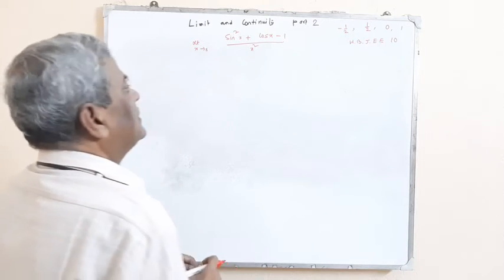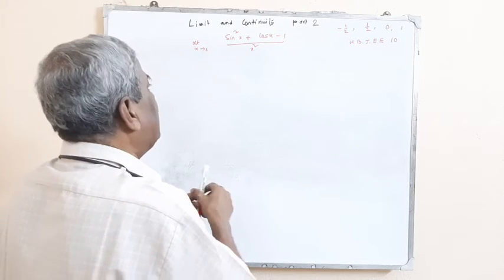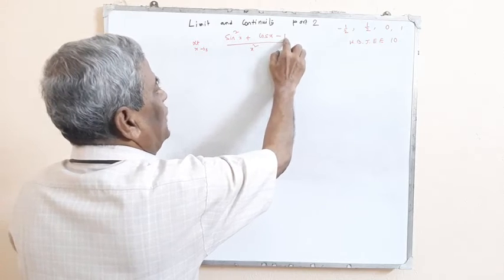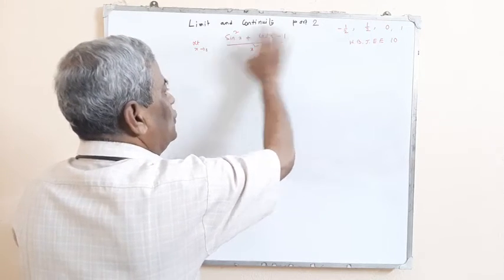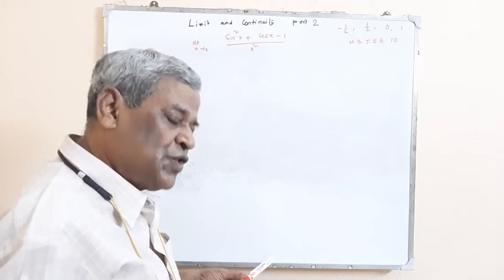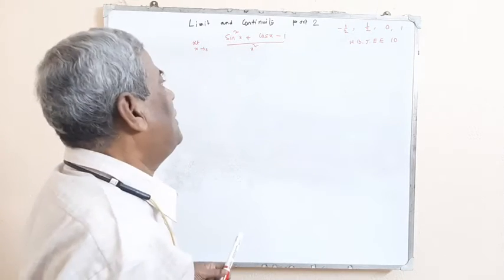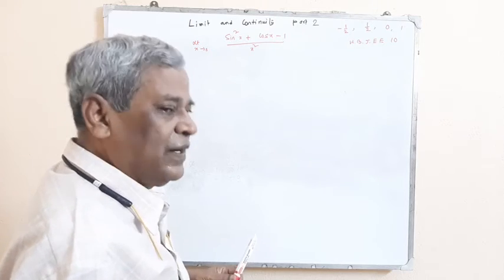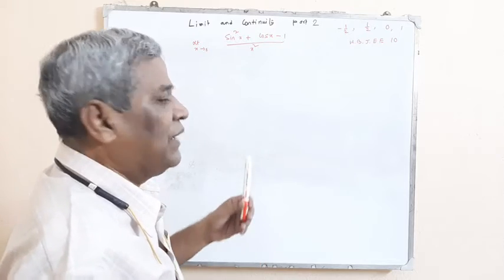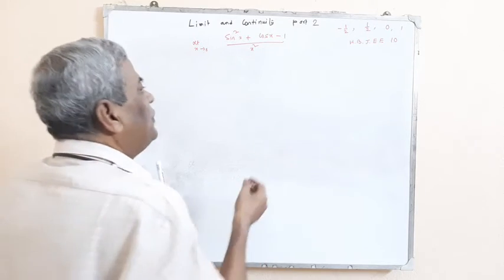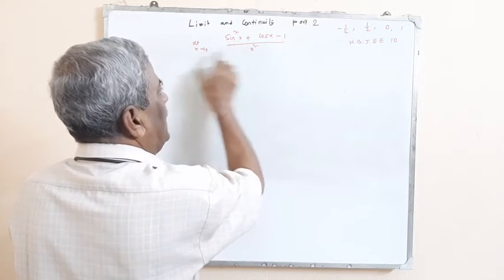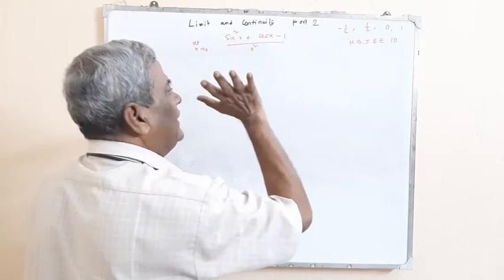Actually, by putting directly x equal to 0, this is 0, 1 minus 1. So it is 0 by 0. So we have to either use some formula or the L'Hospital rule, we can get the limiting value very easily. If we use the formula sin square x by x square, limit x tending to 0, that would be 1.